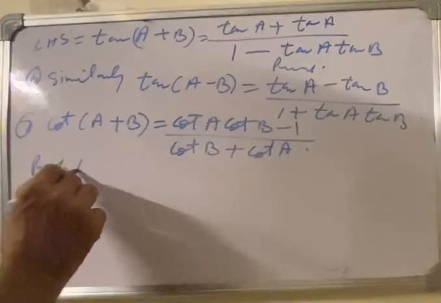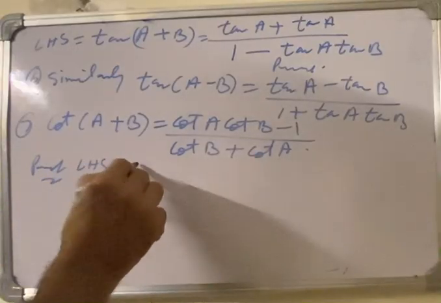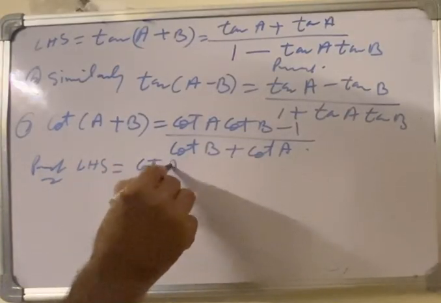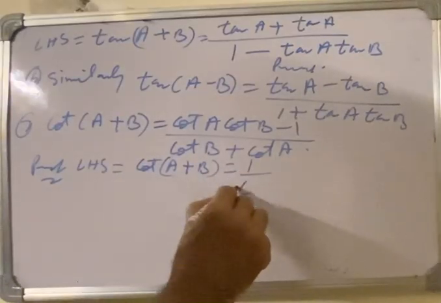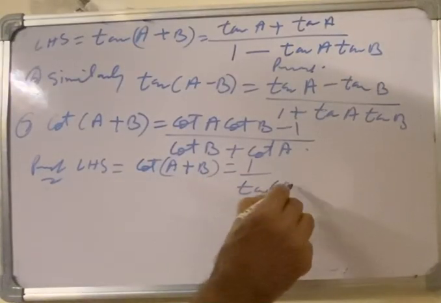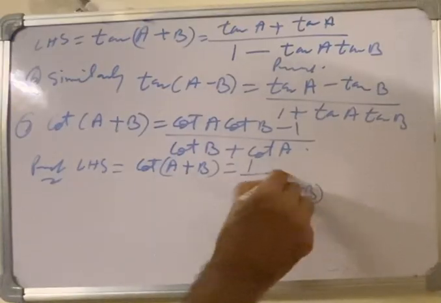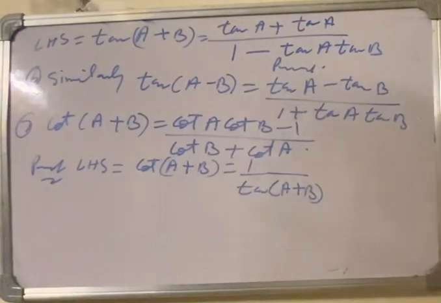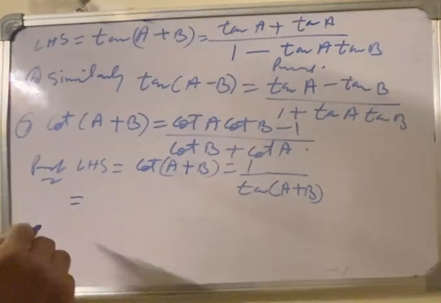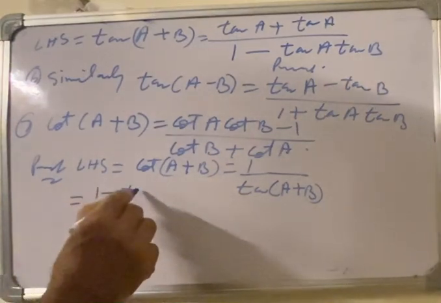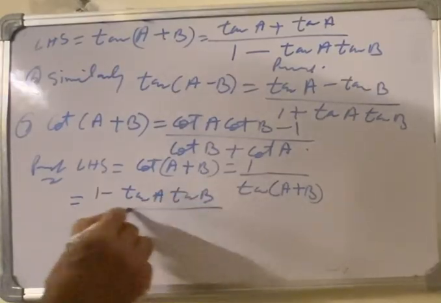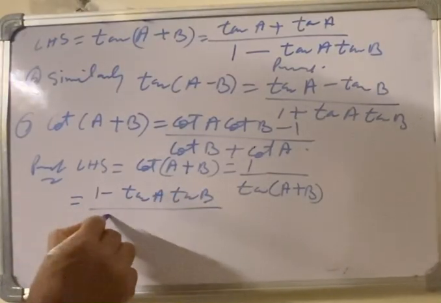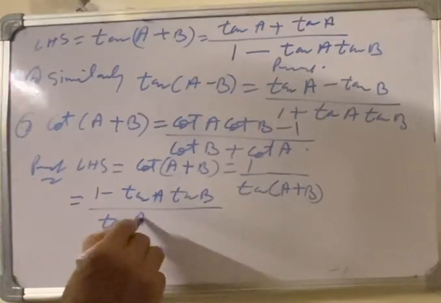Prove left hand side, cot A plus B is 1 over tan A plus B. Tan A plus B we have already done in fifth. We can put values 1 minus tan A tan B over tan A plus tan B.